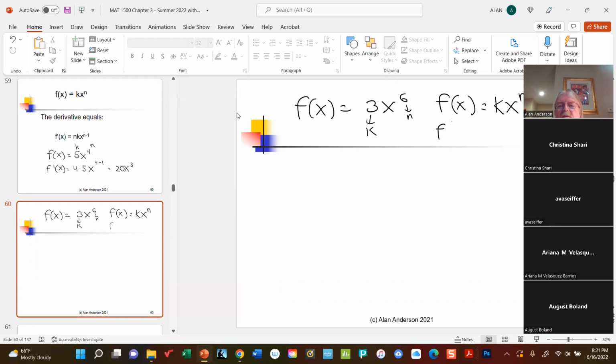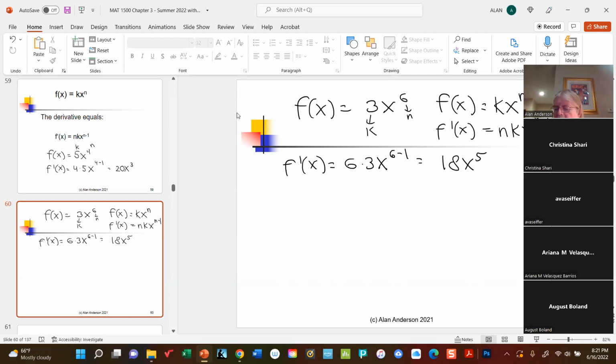So the rule says to do this: nkx^(n-1). So that tells me that my derivative is 6, the exponent, times the coefficient of 3, and the exponent is reduced by 1 to give me 18x to the 5th power. Okay.